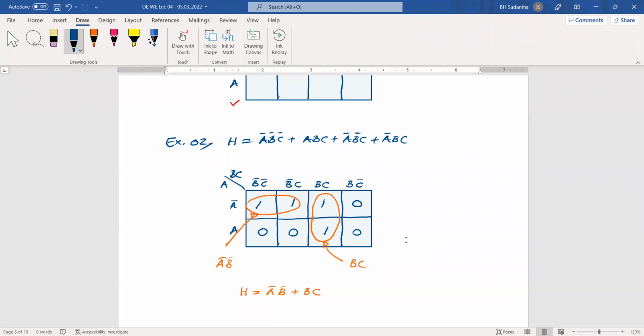I mean, A bar BC twice. Can we take it twice? A bar BC, BC, this one, but it's okay, but then it will be harder to write. Yes, then is it possible to write the answer for this one? If it is possible to name a group like this, then there is no problem. Then try to give a name.